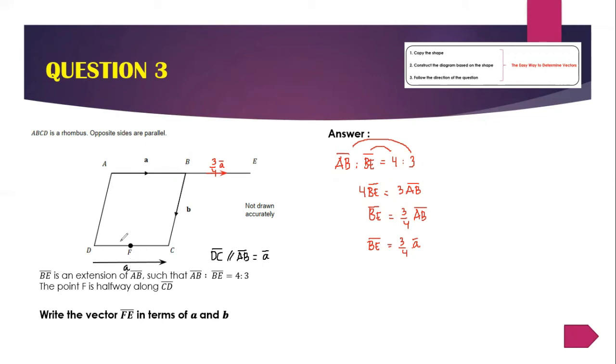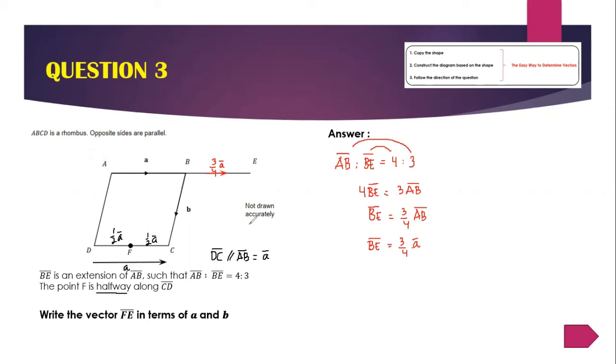So DF is a half a, and FC is a half a, because F is the midpoint. Is it clear to you?